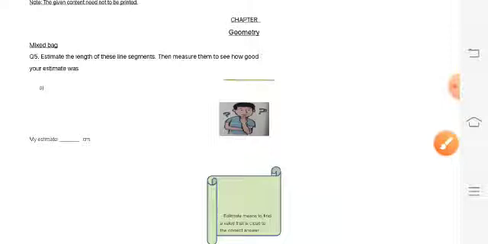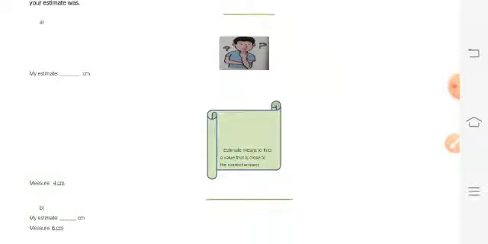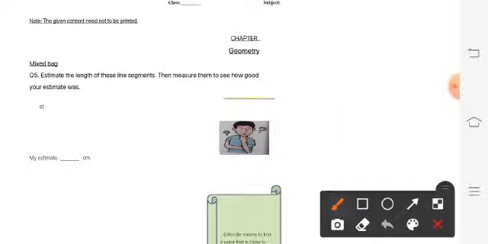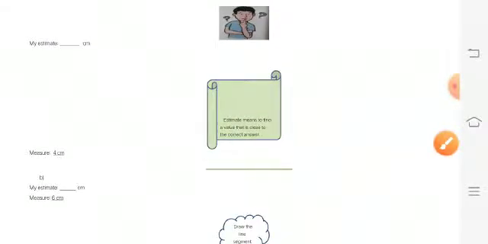Like here you have been given a line segment, and you have to estimate what the length of this line segment could be, and then you have to check using a scale how correct your estimation was. Estimate means to find the value that is close to the correct answer. Say, for example, I think this line segment is 4 centimeters long, so my estimation is 4 centimeters. Then you will use the scale and check how much it is, and write that in the measure column.